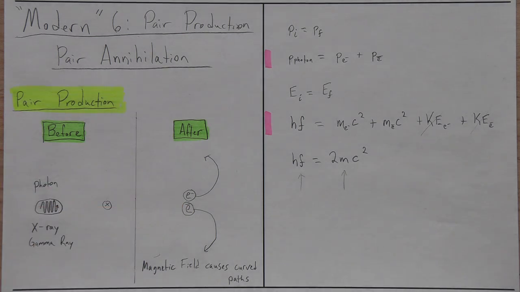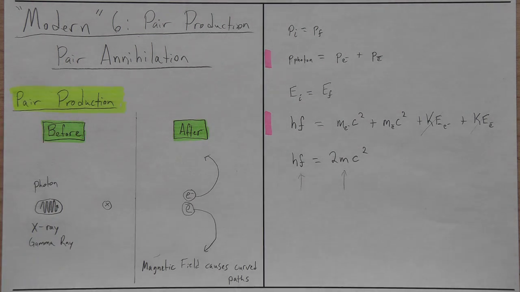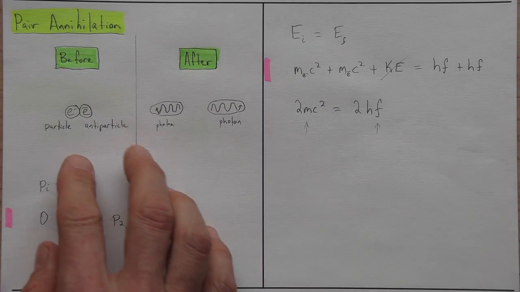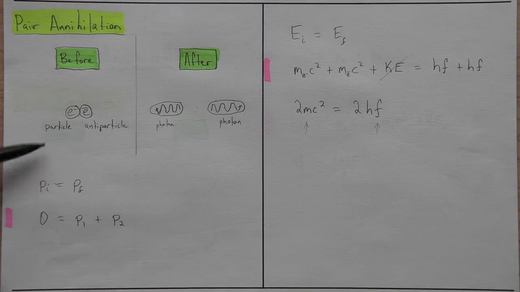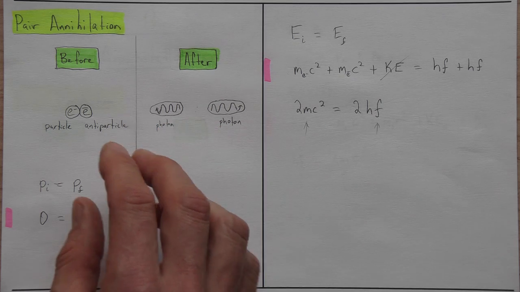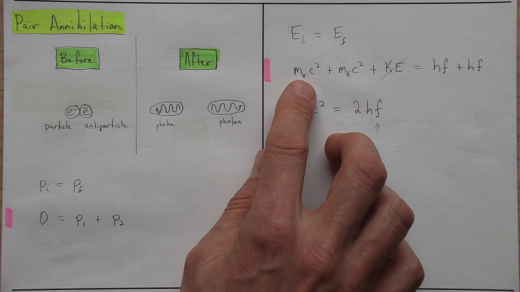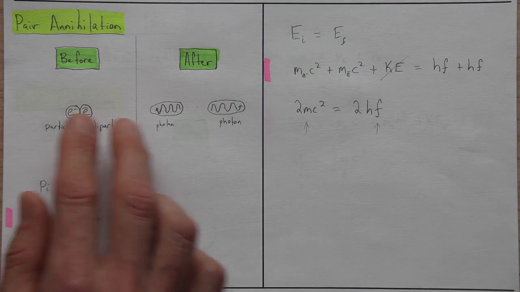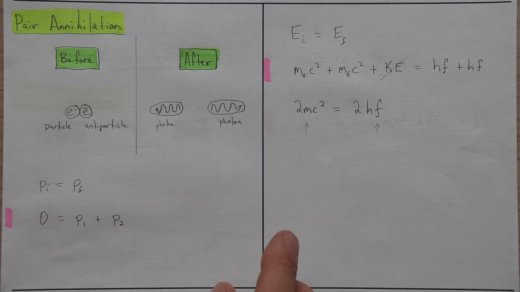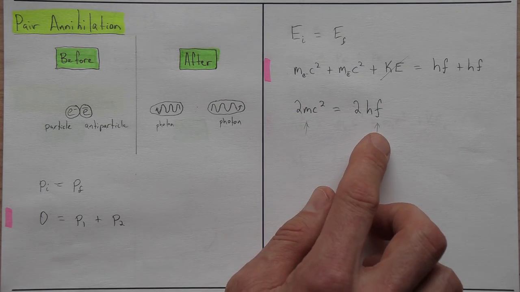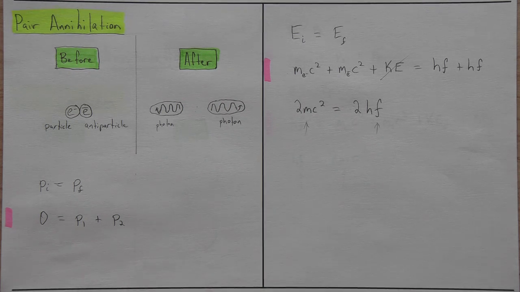We make particle, antiparticle, and we could calculate the frequency necessary for that. Or you could take the particle and antiparticle and make them disappear into nothing but energy. Poof, they're gone, and energy released. And the main calculation, mc squared before, hf, energies after, set them equal, and you get an expression where you could calculate, say, the frequency generated by certain masses annihilating themselves.